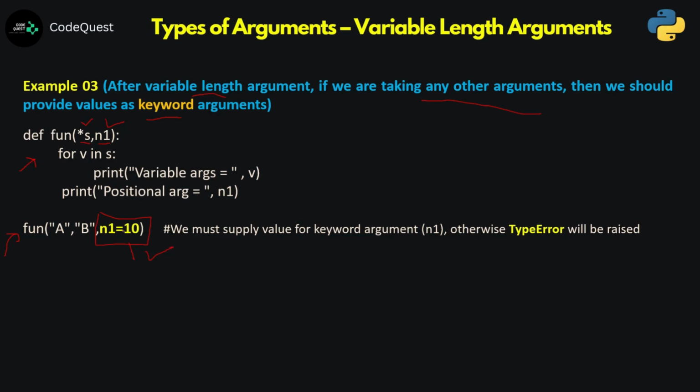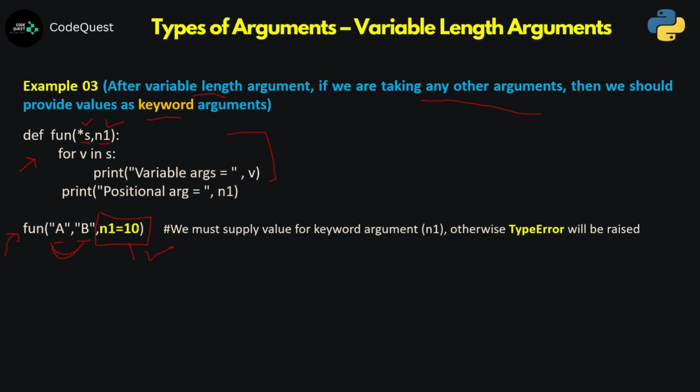So this keyword argument becomes compulsory. Apart from this, whatever number of arguments you specify are going to be taken up by the variable length argument. In this case, a and b are now being referred to by s. By taking this for loop here, I am just printing a and b, the variable args.